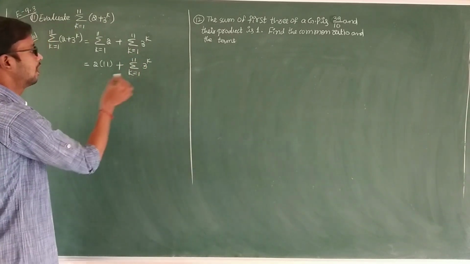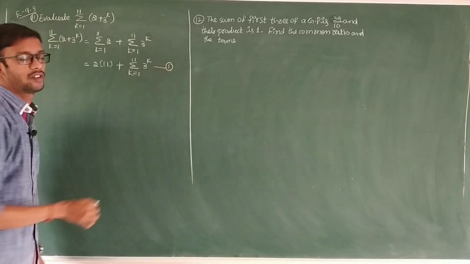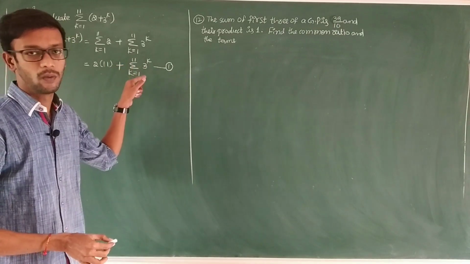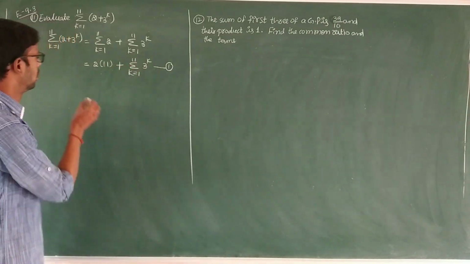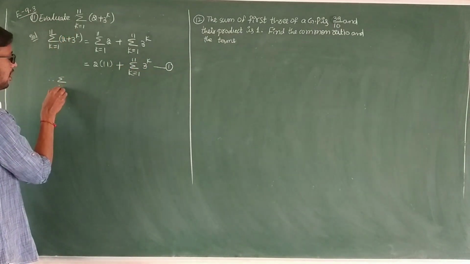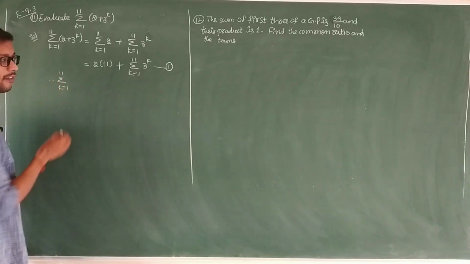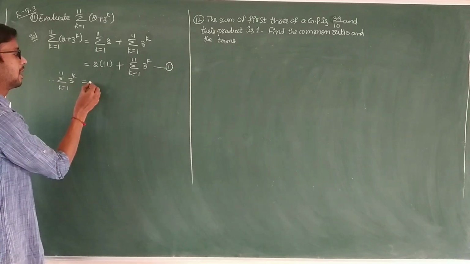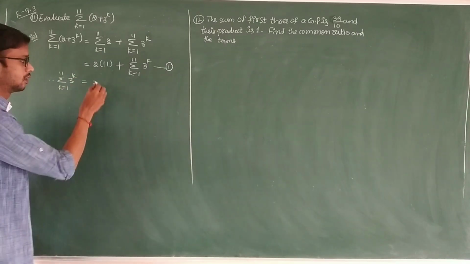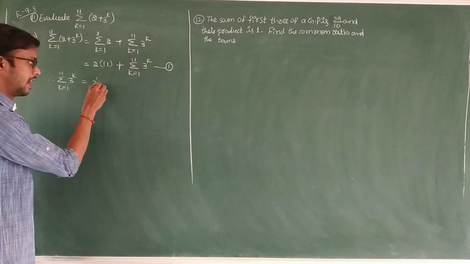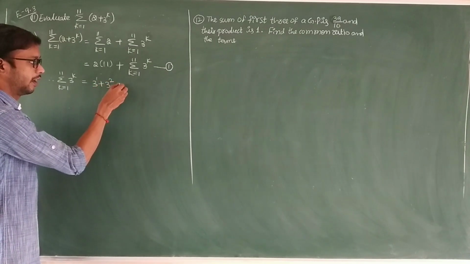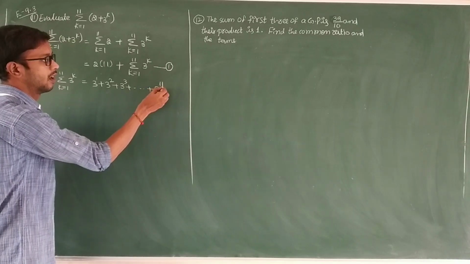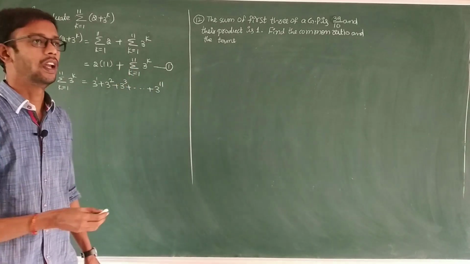So this one I am taking as equation 1. Why? Because this value we have to find now. Therefore, summation k equal to 1 to 11 of 3 power k is nothing but 3 plus 3 square plus 3 cube, and so on up to 3 power 11.